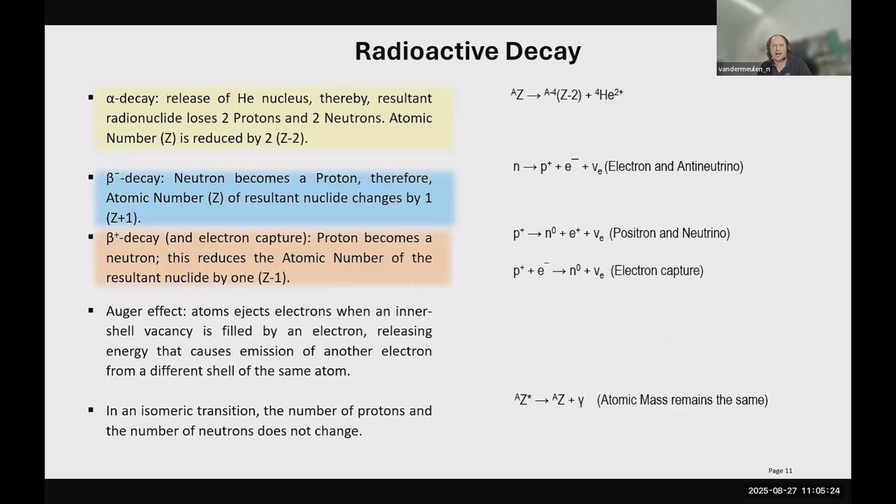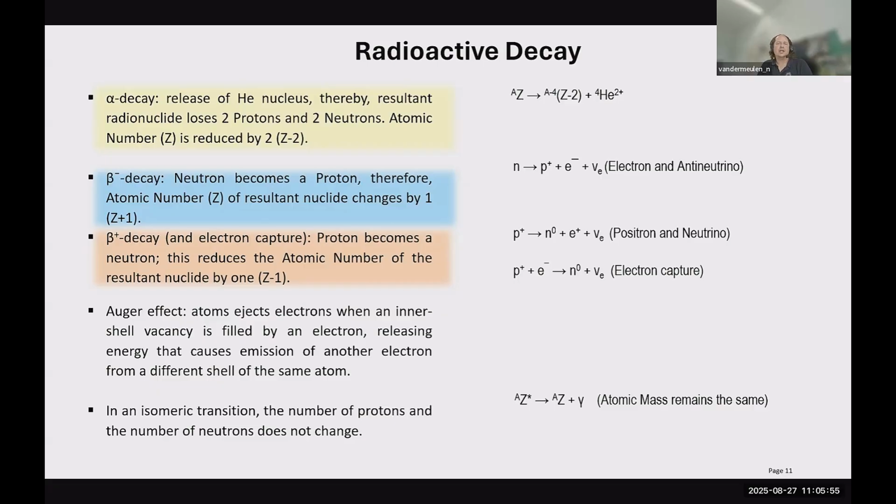So this is also why it is very important to use it in a proper target ligand to apply towards shattering and destroying a tumor. We have beta minus decay, and this is where a neutron becomes a proton. So basically the nuclide changes by 1, and I'll show you some pictures, hopefully that can give you an idea of how this works.